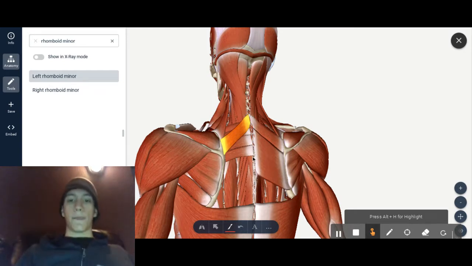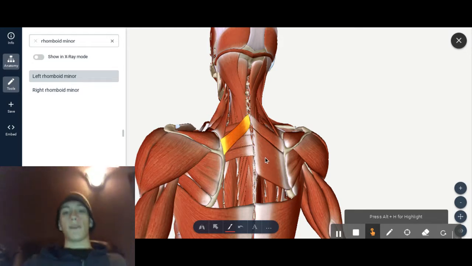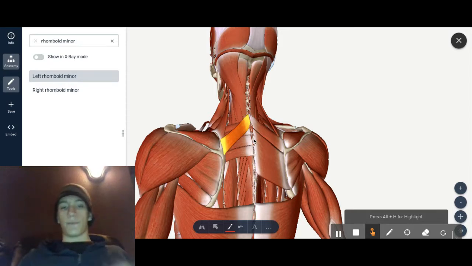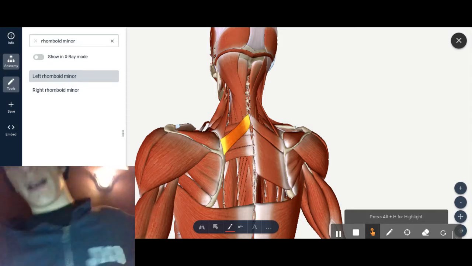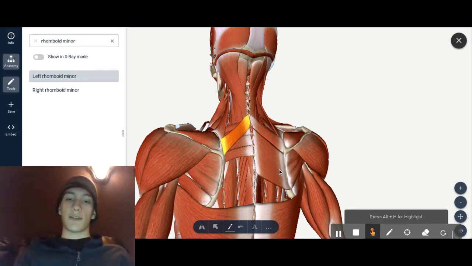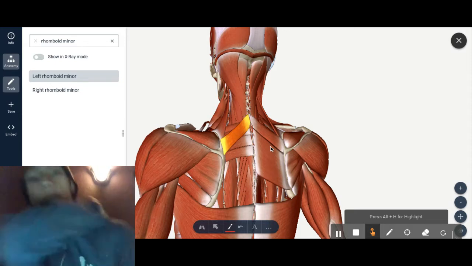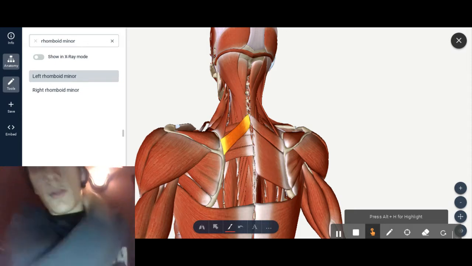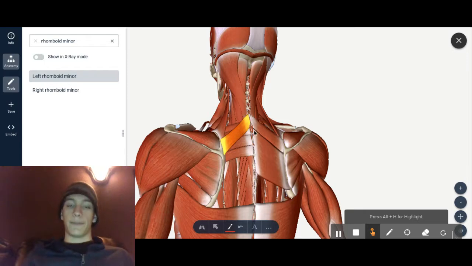So what these 2 muscles do is, they're some of your major back muscles, except for the giant sheet of muscle that I just cut away. They're the major movers of your shoulder blades towards your spine.